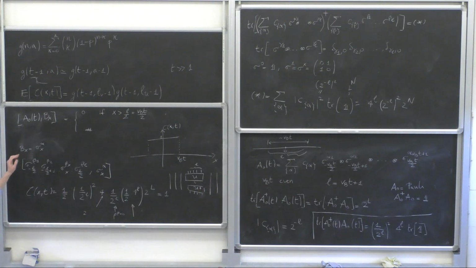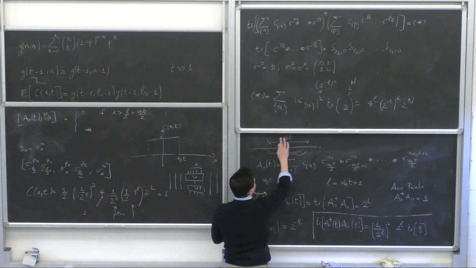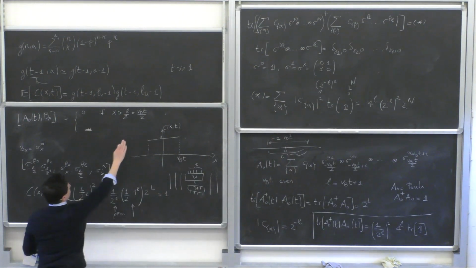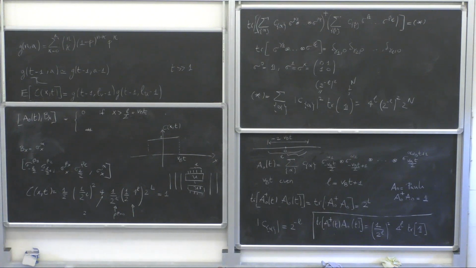So this is my question, because I would expect information to travel at a speed VB in both directions at the same time. So I would expect, sorry, yeah, no, you're right. Sorry, that VB is twice as much, yeah.